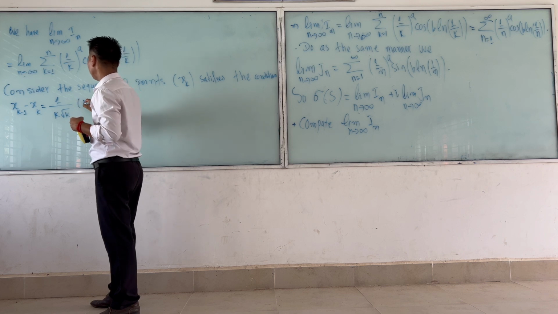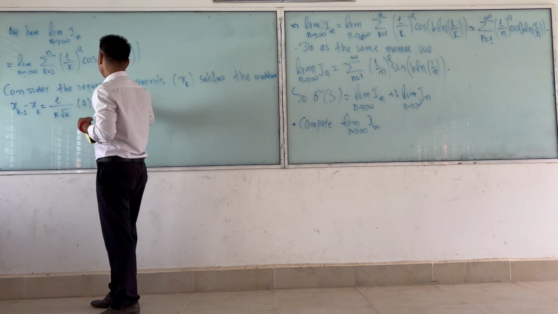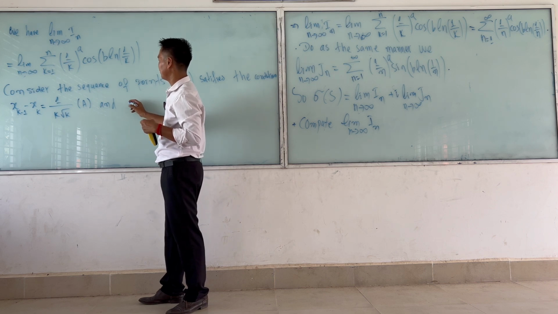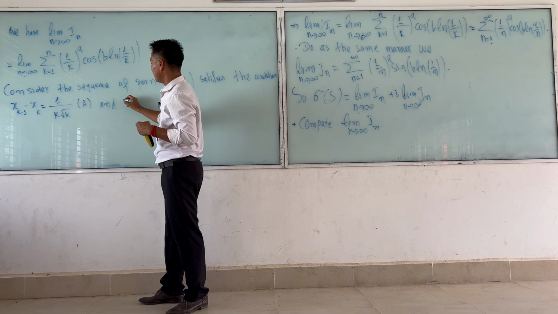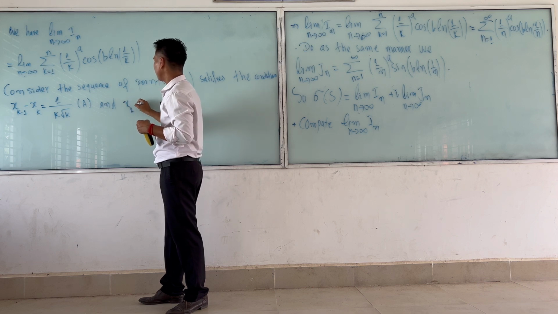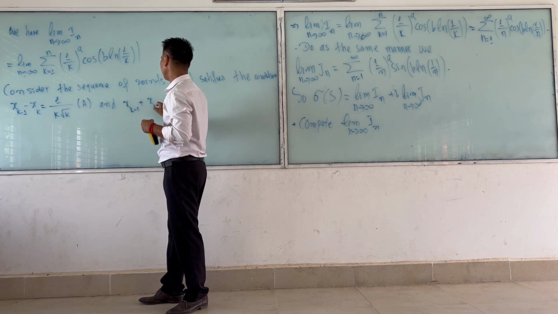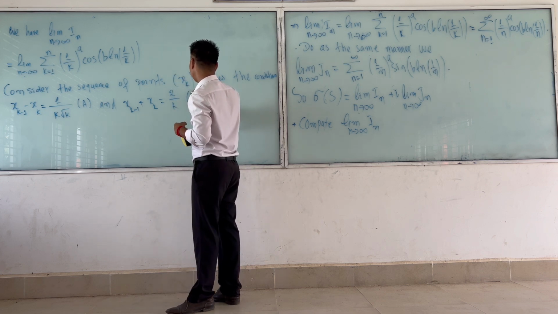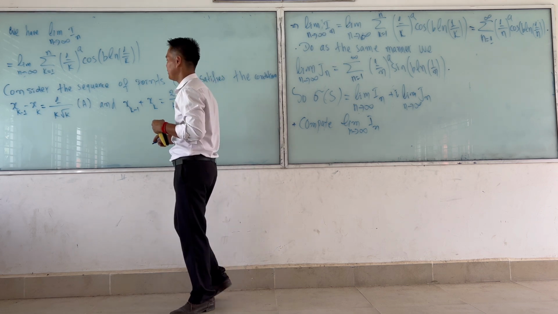I call this equation A. And another condition that xk satisfies is xk minus 1 plus xk equal to 2 divided by k. Let me call this equation B.